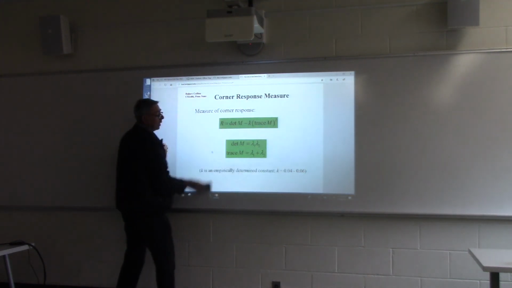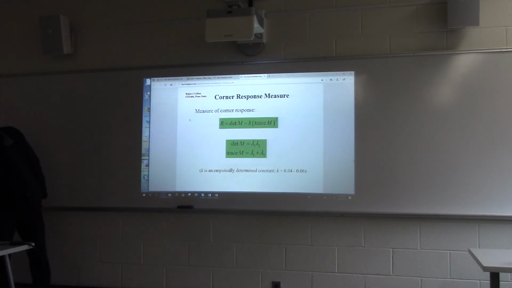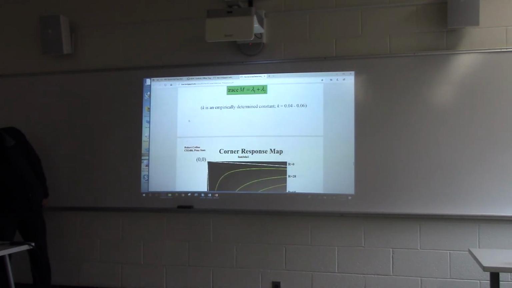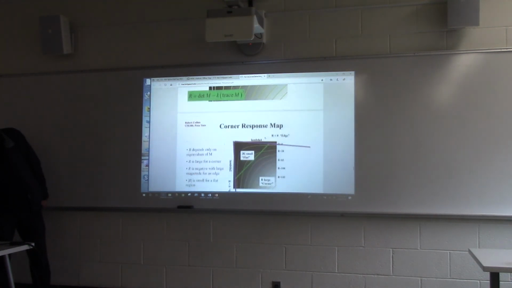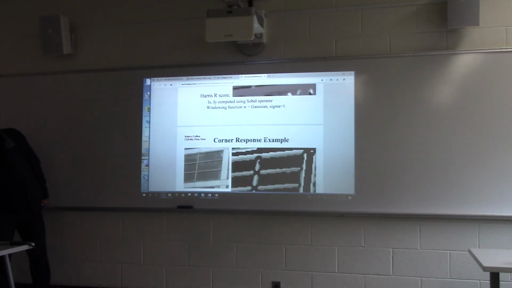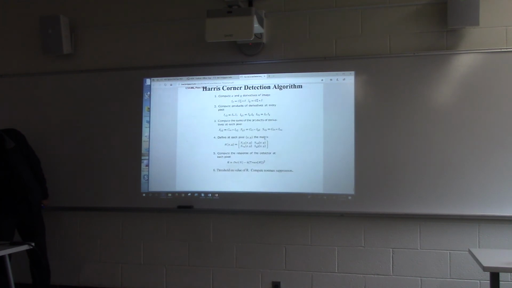Then we put a threshold on R. If it is above a certain value, it's a corner. The typical value of k is 0.04 to 0.06. Here's the final algorithm.